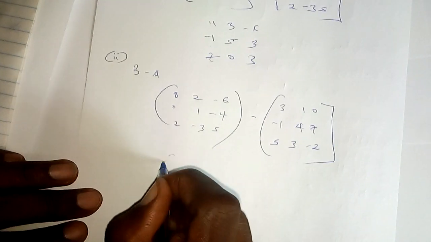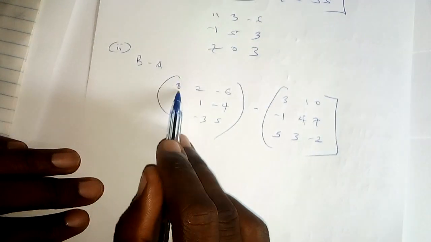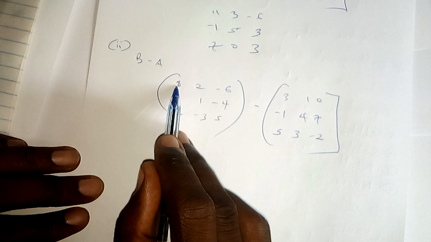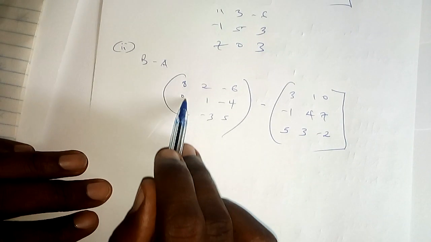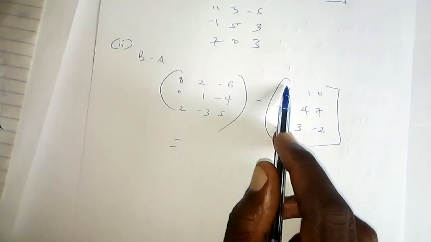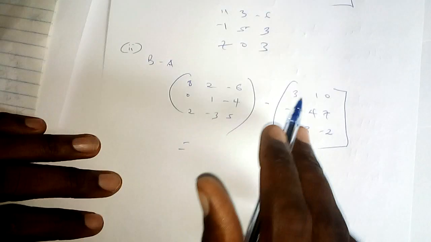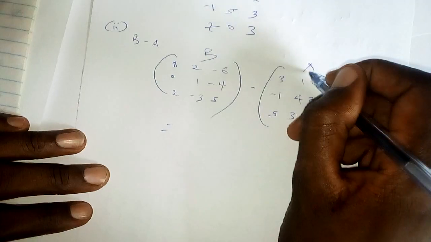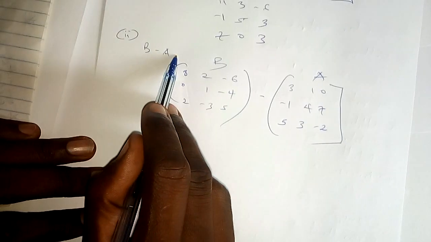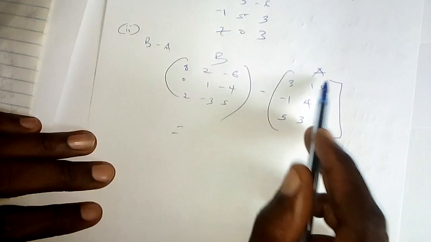So it means you subtract now 8, this element minus this element, the first row, the first column, that element, the second, which is this is B, this is A, because here we have B minus A.